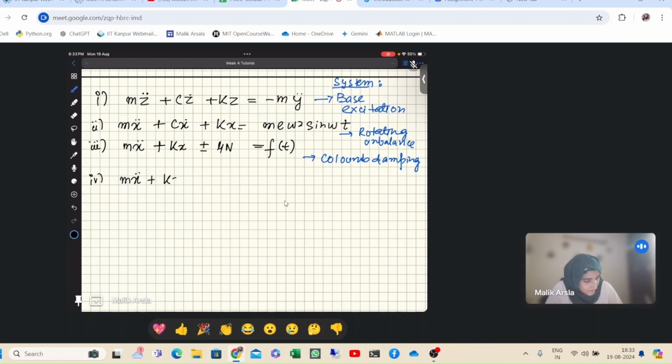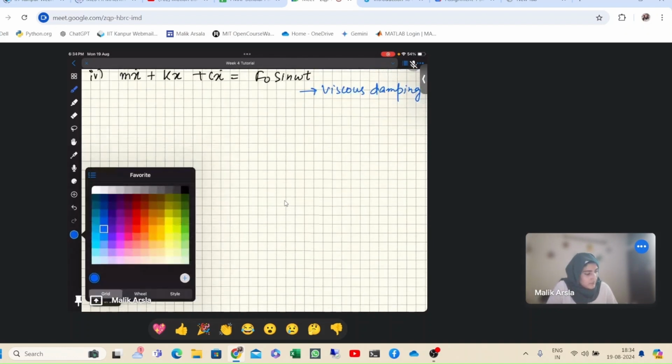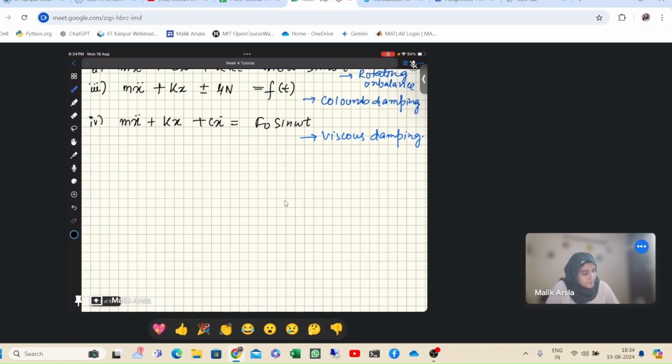I think I don't even need to write it. But anyways, this one is for what? It's simply viscous damping, right? So let's discuss the next question.